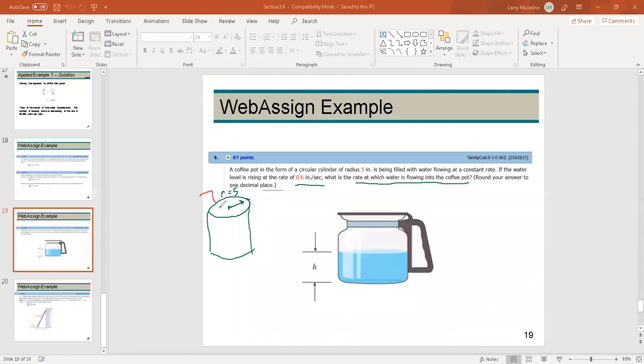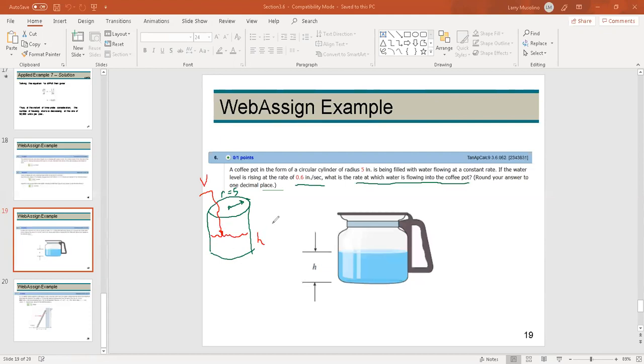So imagine water is being put into the coffee pot, and then the height of the water is changing, right? Of course, as more volume is pumped in, the height is going to increase. So let's call this h. And of course, we're filling this up with some volume of water.